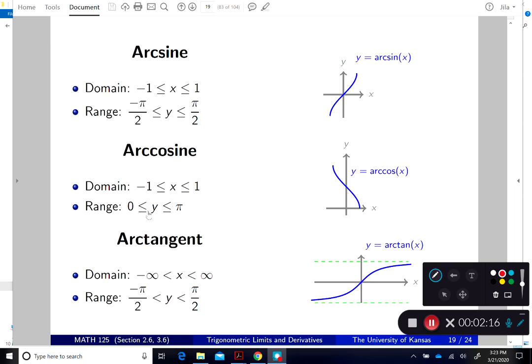The output of arctan matches the arcsine, and it's going to be in the first and the fourth quadrant. And these are the pictures of them: arcsine, arc cosine, and arctan, and that gives you a little bit of an idea how they operate.